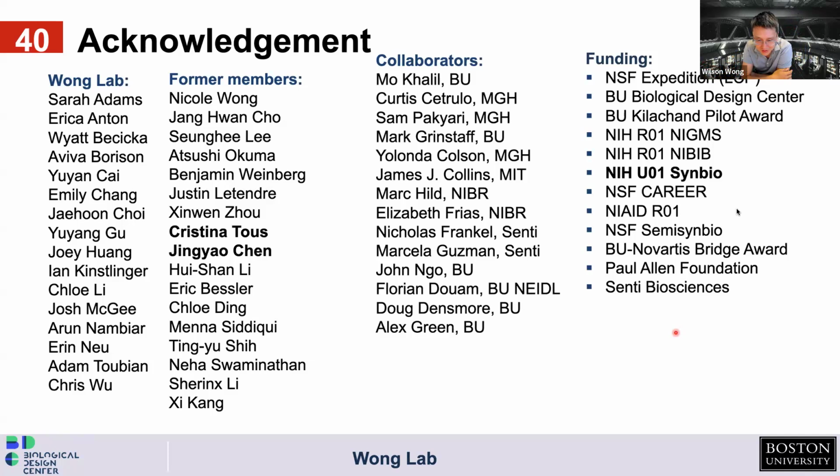Initially, the first part where we optimized the reporter system took a while. Once that was working, it was okay. It wasn't too hard. To make it inducible took us a long time too, because we were trying to do the split dimerization system. We tried light, we tried chemical. I don't know why it just doesn't work. I was pretty bummed by it because it seems like it would be very versatile, very useful, but I don't know why it doesn't work.